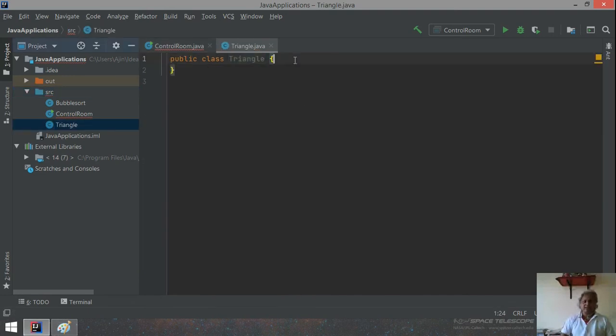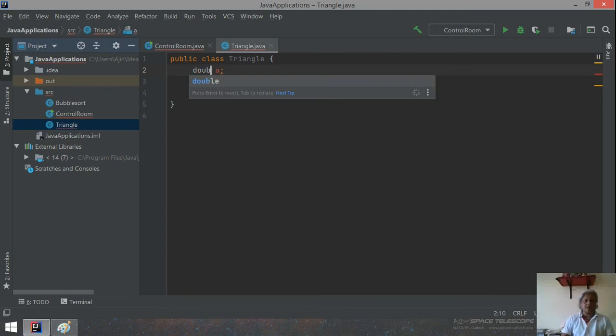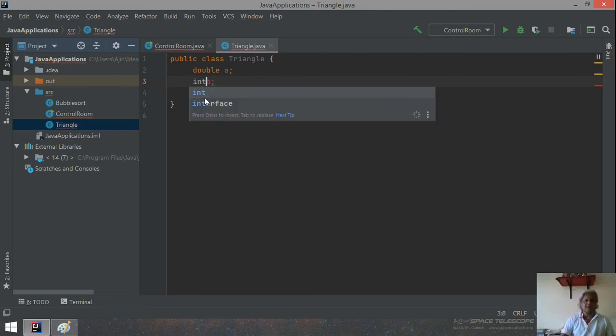Okay, then inside I have int A, int B, and better we make double, because there will be chances of losing data. Double A, or better let it remain int only.